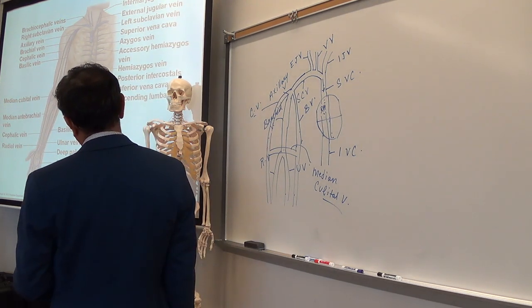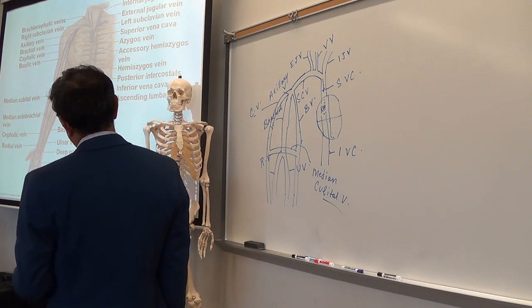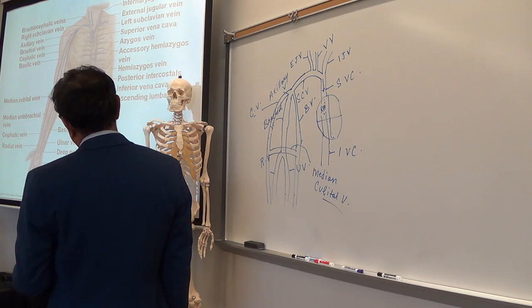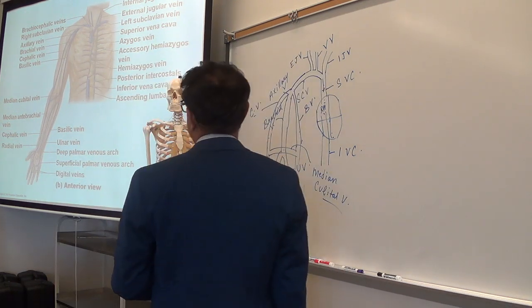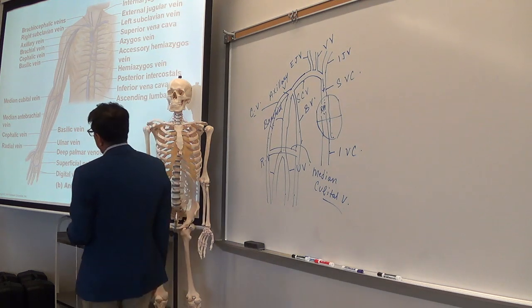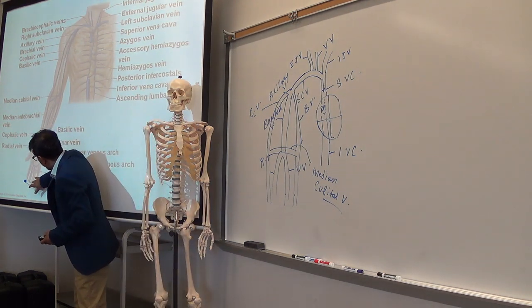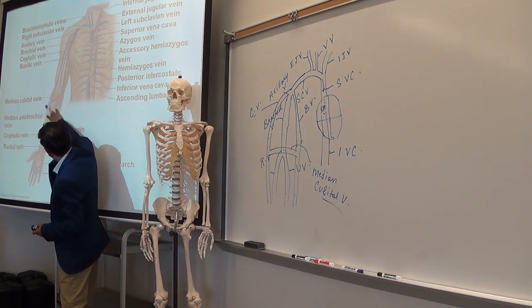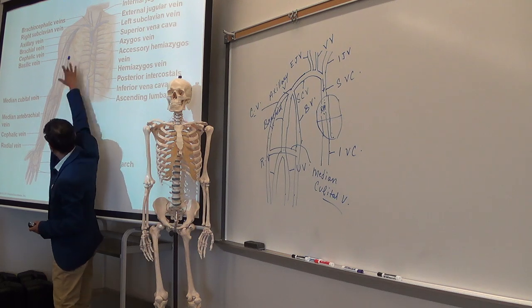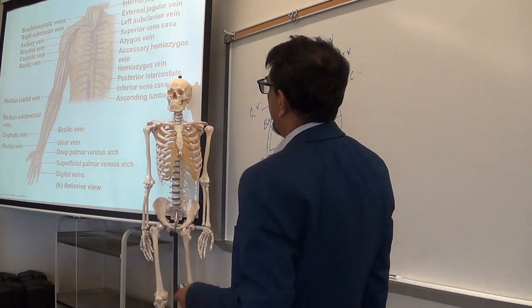One is superficial palmar venous arch, another is deep palmar venous arch. And from the venous arches, the digital veins arise. So now, remember again, everything, the blood moves from smaller towards the large. That means towards the heart, from the peripheral part towards the heart.